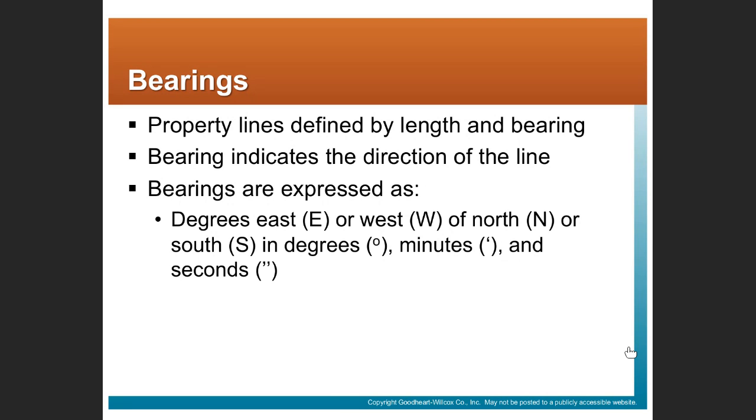So degrees would be, we have 360 degrees in a circle. And then that degree is subdivided into minutes. So a minute is 1/60th of a degree and subdivided again into seconds. So a second is 1/60th of a minute. So again, we get fairly precise with our bearings.